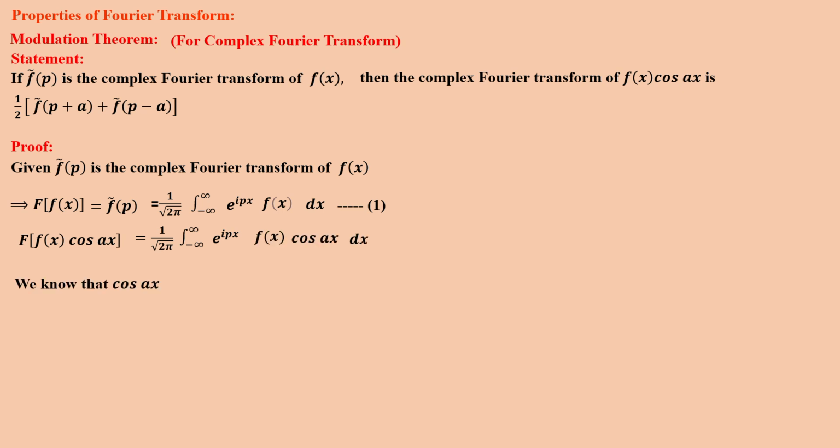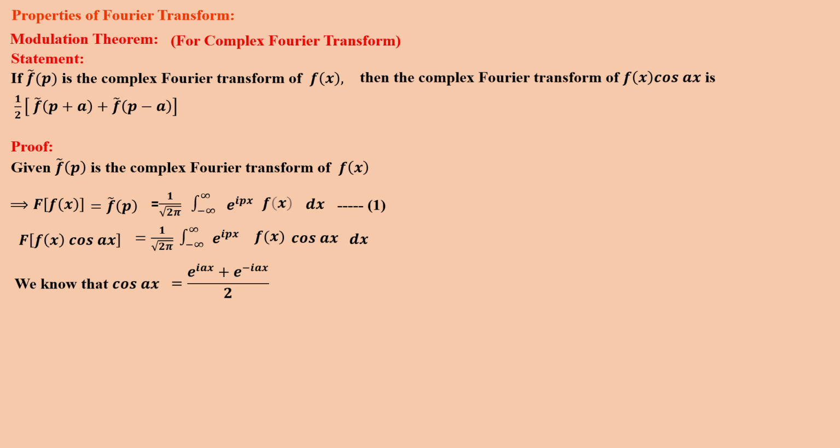We know that cos ax, in terms of e, is e power iax plus e power minus iax by 2. Because e power iax, by De Moivre's theorem, is cos ax plus i sin ax, and e power minus iax is cos ax minus i sin ax.